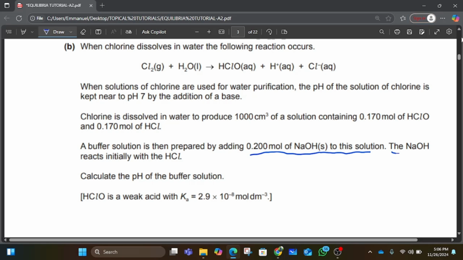The sodium hydroxide reacts initially with the HCl. Calculate the pH of the buffer solution. The Ka for HClO has been given as 2.9 times 10 power minus 8 mol per dm³.